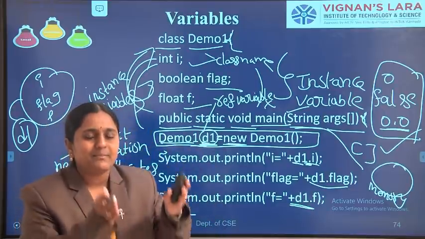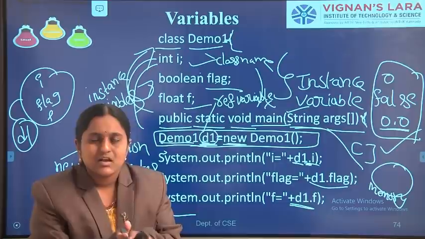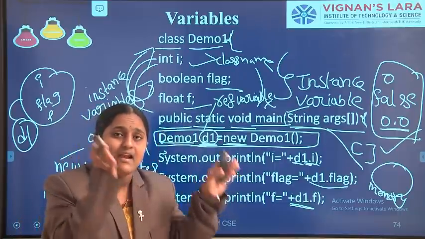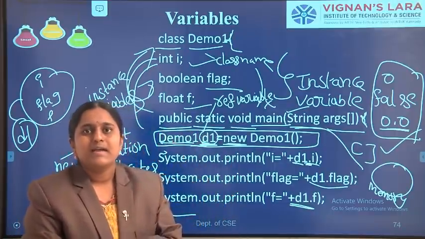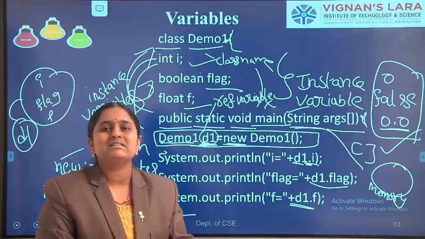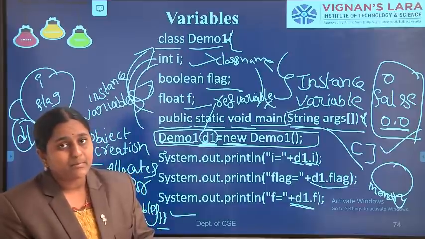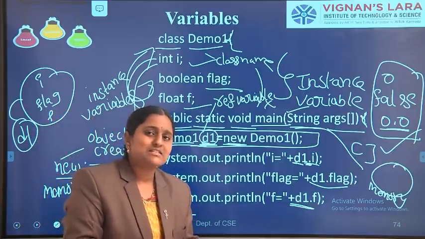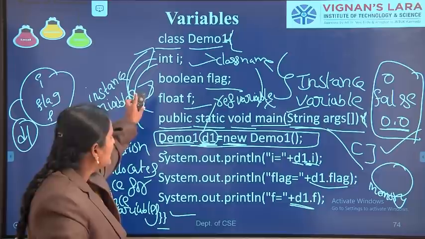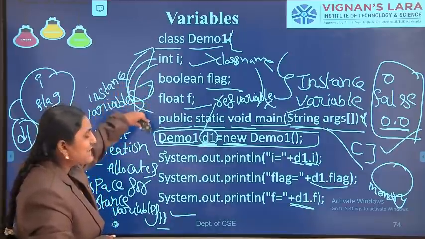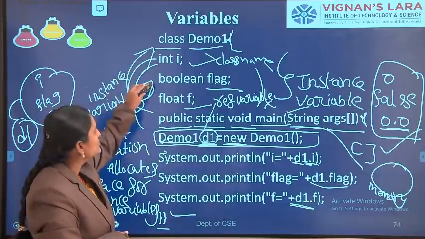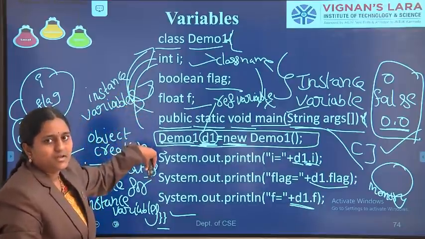Any variable defined within the class but outside methods, constructors, and blocks is an instance variable. Default initialization is applicable to instance variables, and access modifiers can also be used with them.